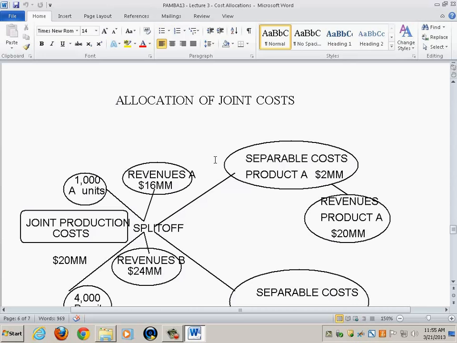Now, at a certain point where the sheep are grown, you harvest the wool, and then you slaughter the poor animals and you harvest the mutton. So that's maybe not a very pleasant example, but it is a classic example of joint production.